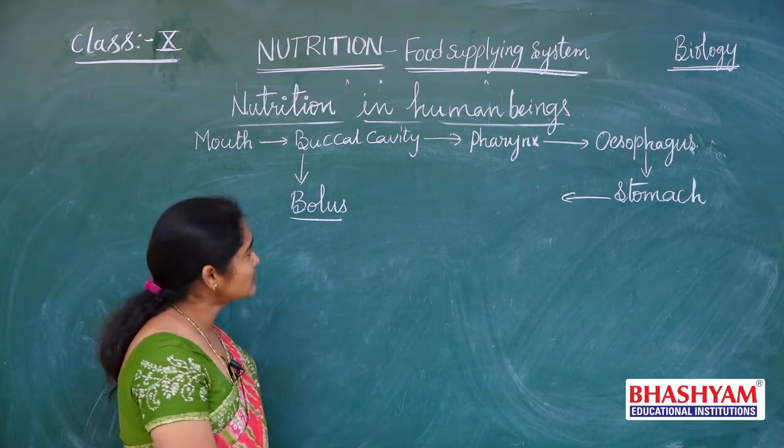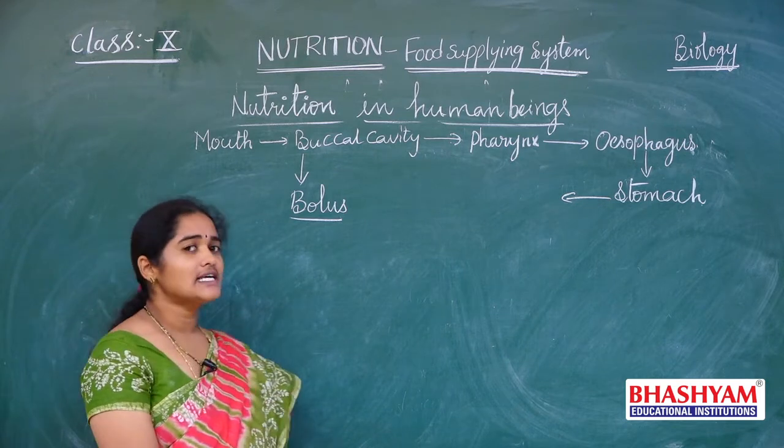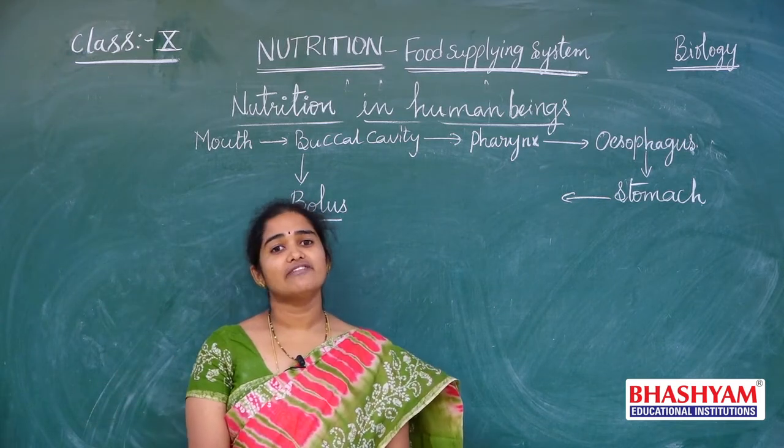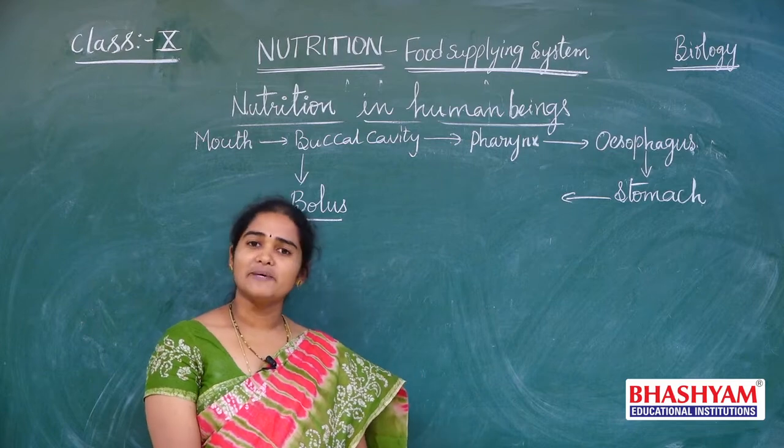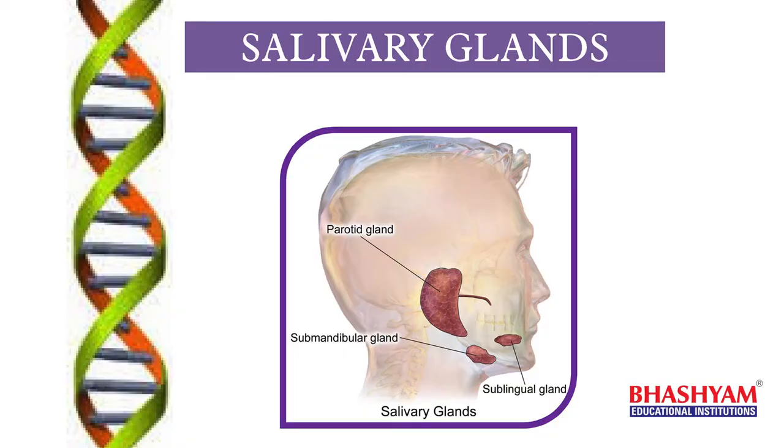Before going to that part, let us see the location of the salivary glands in the picture. If you see the picture of our buccal cavity, we can see three pairs of salivary glands here. One is the parotid gland, which is located in the palate, the sublingual glands, which are located below the tongue, and the submandibular glands, which are located on the sides of the lower jaw.